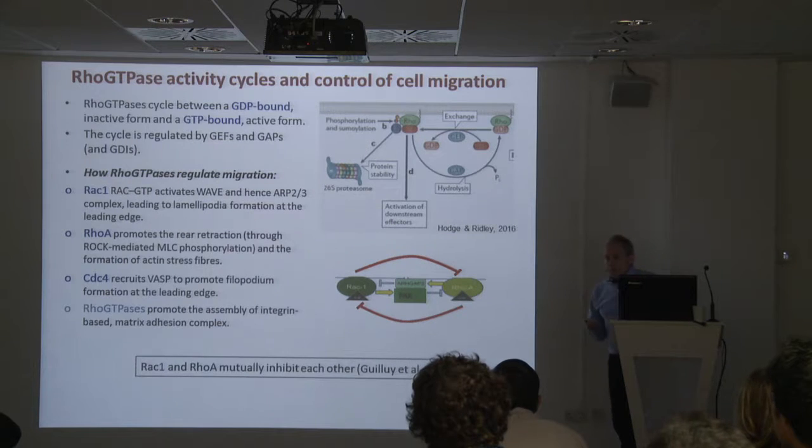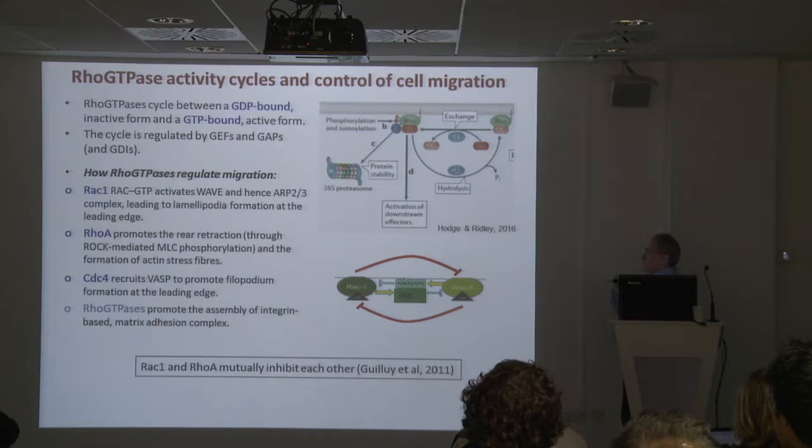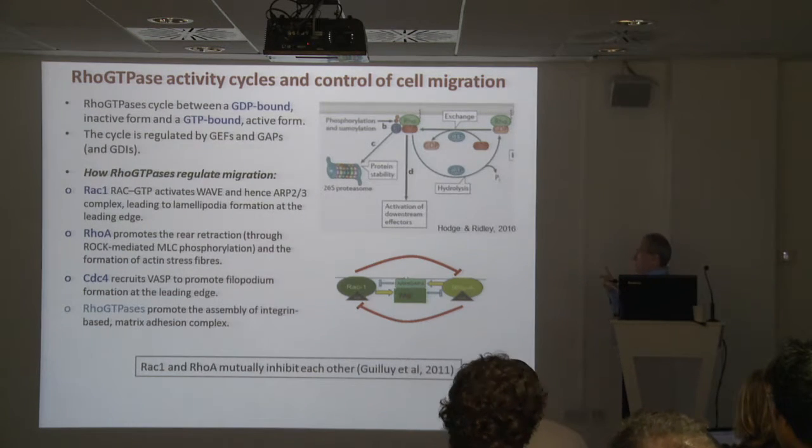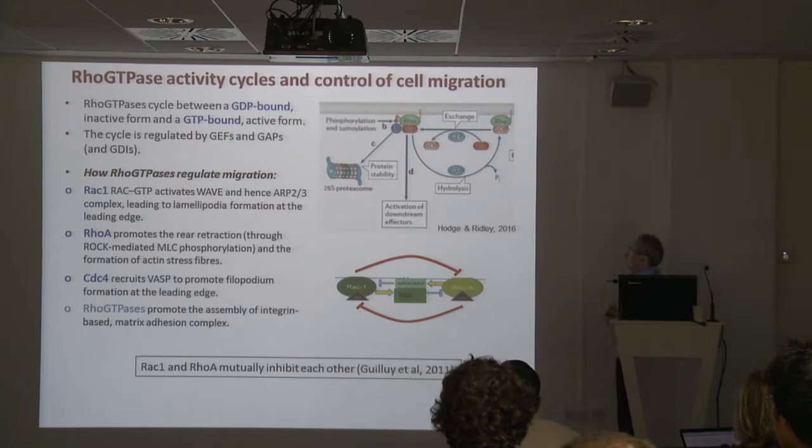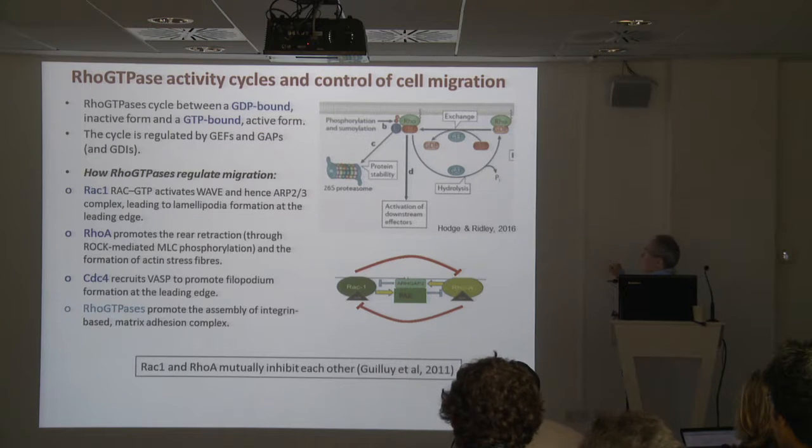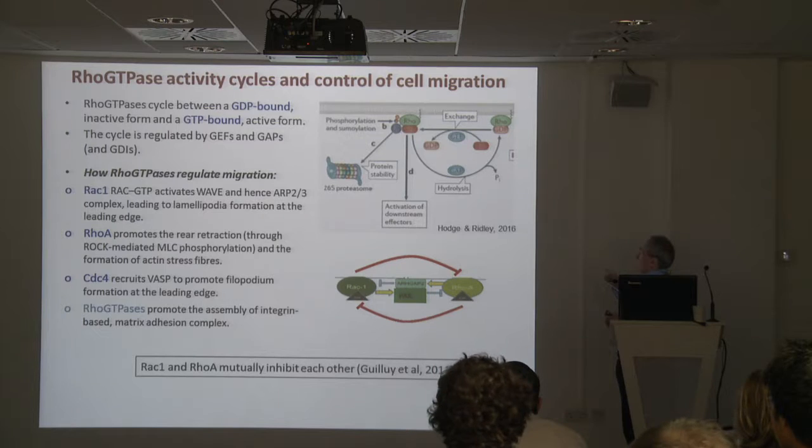There is again a biochemical signaling network which controls cell migration with two GTPases. GTPases are small proteins which switch between an active state, when they are bound to GTP, and an inactive state, when they are bound to GDP.